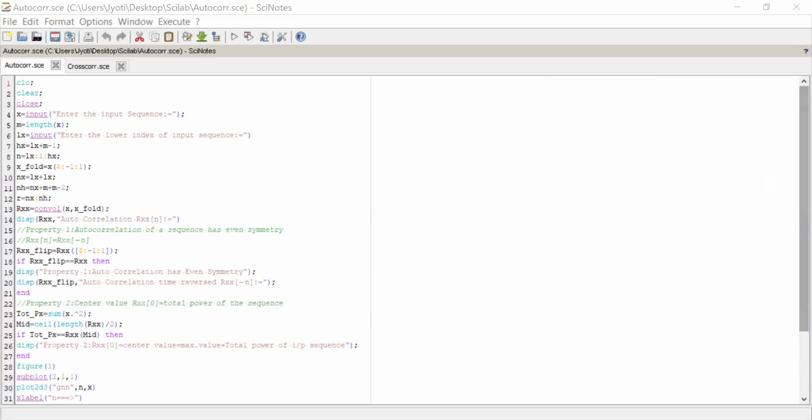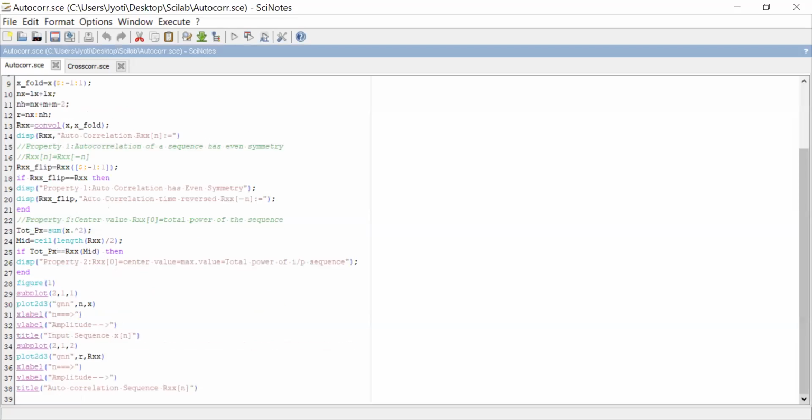Next, we need to display the calculated values in a graph. That's why I have used subplot 2,1,1: two graphs, two rows and one column. The first figure indicates the input sequence values and the second figure indicates the output values Rxx.